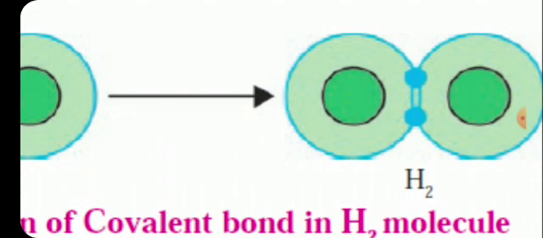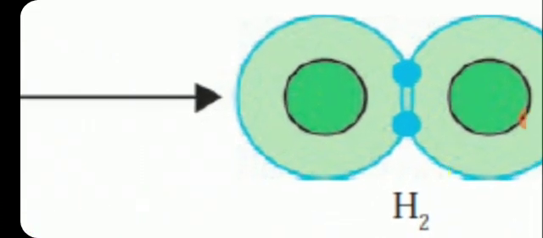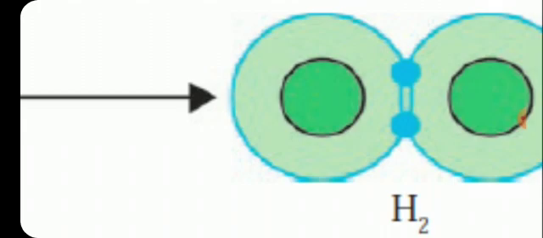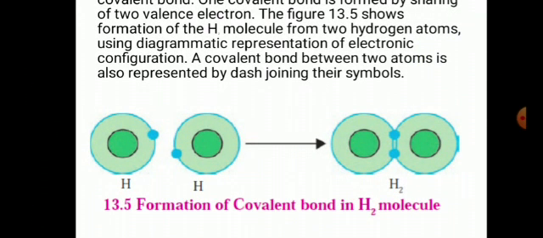Here in hydrogen molecule, electron duplet is completed by sharing of electron between two hydrogen atoms, and the bond which is formed due to sharing of electron is called as covalent bond.